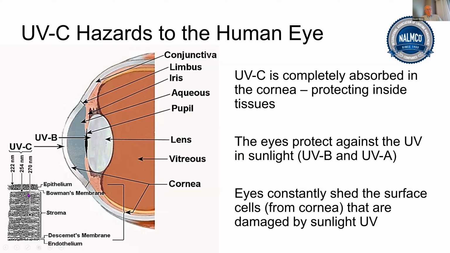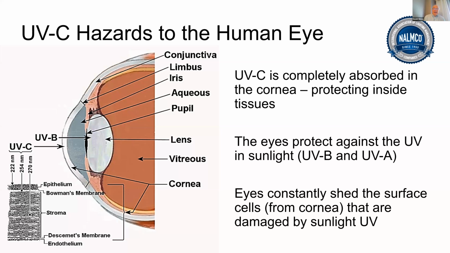And the tough part of the cornea is known as the stroma, and this is largely collagen fibers and so forth, and it's very tough. Very little UV gets all the way to the stroma, 270 nanometers to some extent, certainly. 254 slightly into the stroma, and 222 is just all absorbed in the outermost cells of the corneal epithelium.